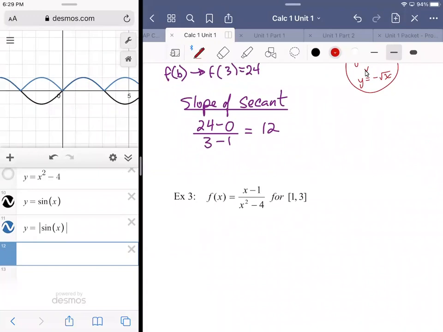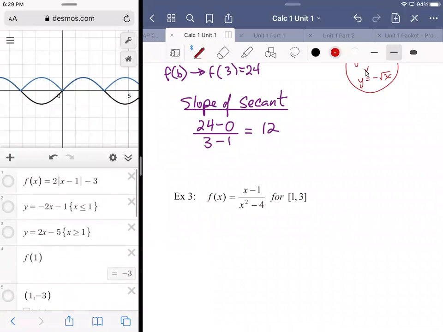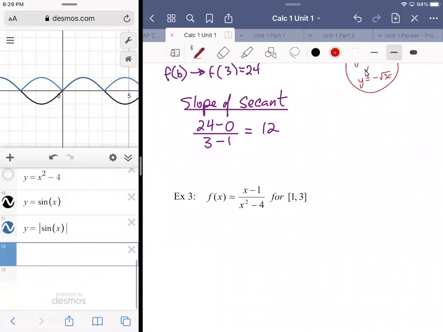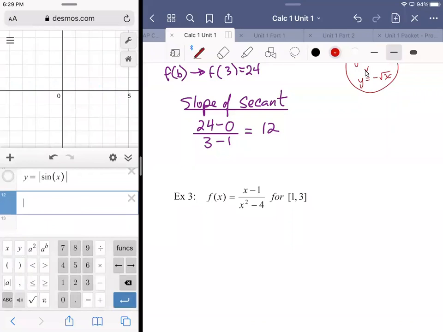Number 3, f of x is equal to x minus 1 times x squared minus 4. So in the same vein as all this other stuff, I'm making a lot of use out of Desmos today. What I'm going to do first is take a look at the picture. I'll just call it y.